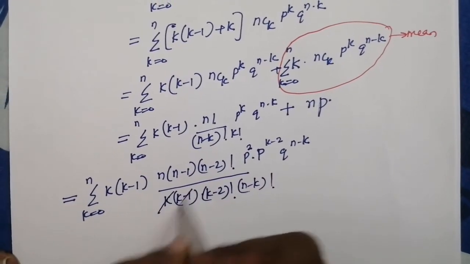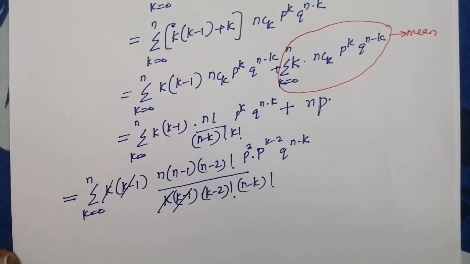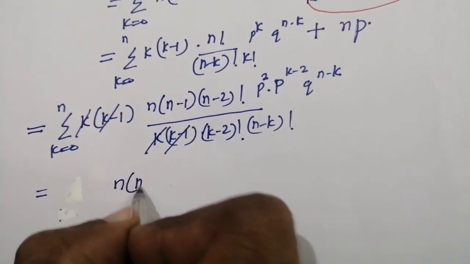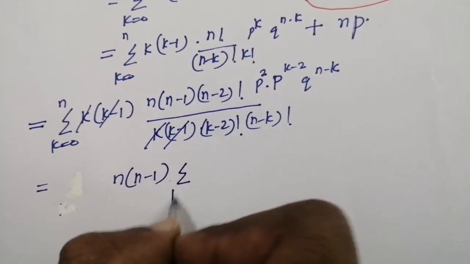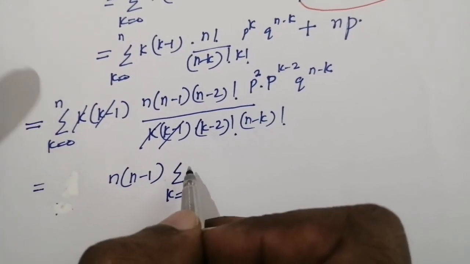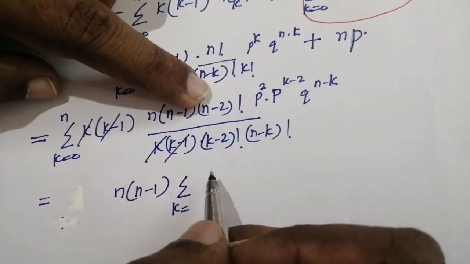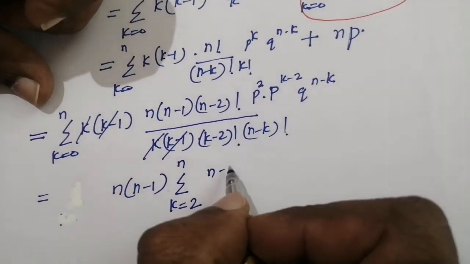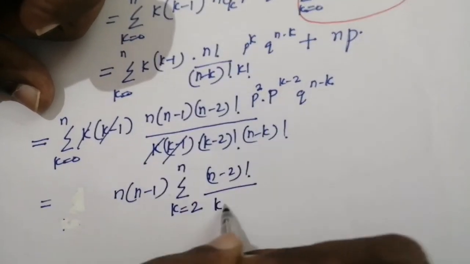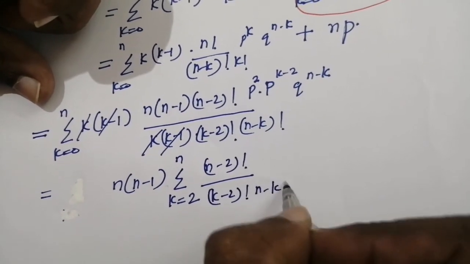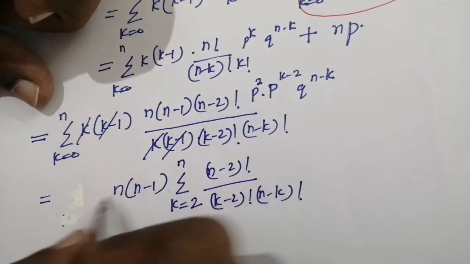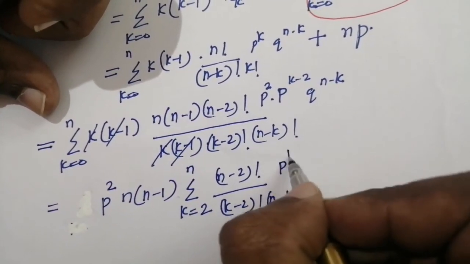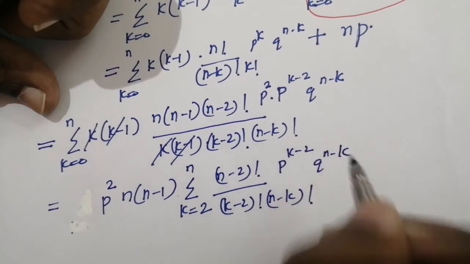So k, this will cancel. So finally we have this can be written as n into (n minus 1) into sigma, so what we are left with is (n minus 2) factorial. So we need to start from k equal to 2 to n, (n minus 2) factorial divided by (k minus 2) factorial into (n minus k) factorial. So p square I took outside. We have p raised to k minus 2 q raised to n minus k.